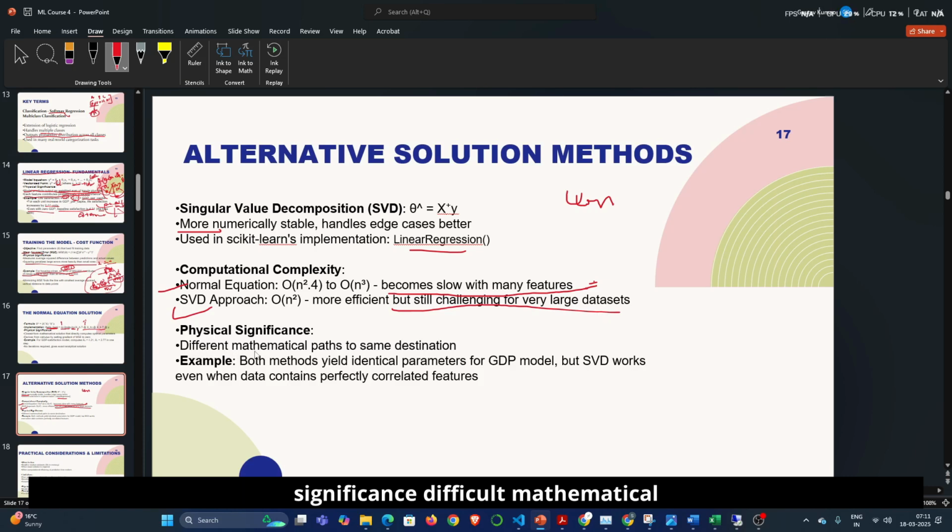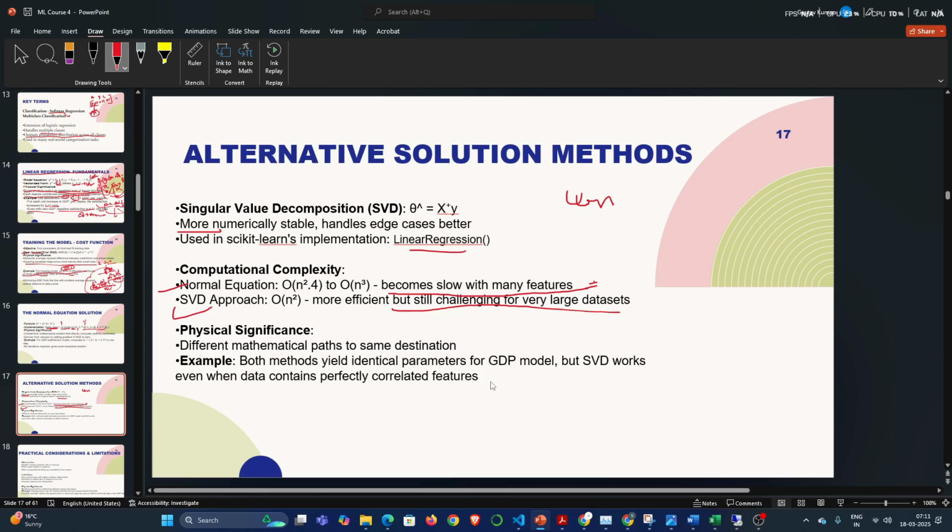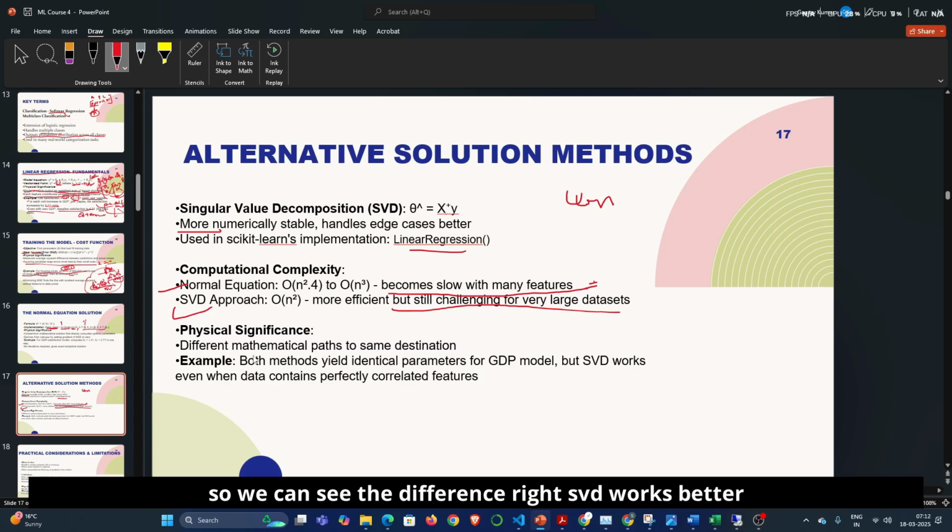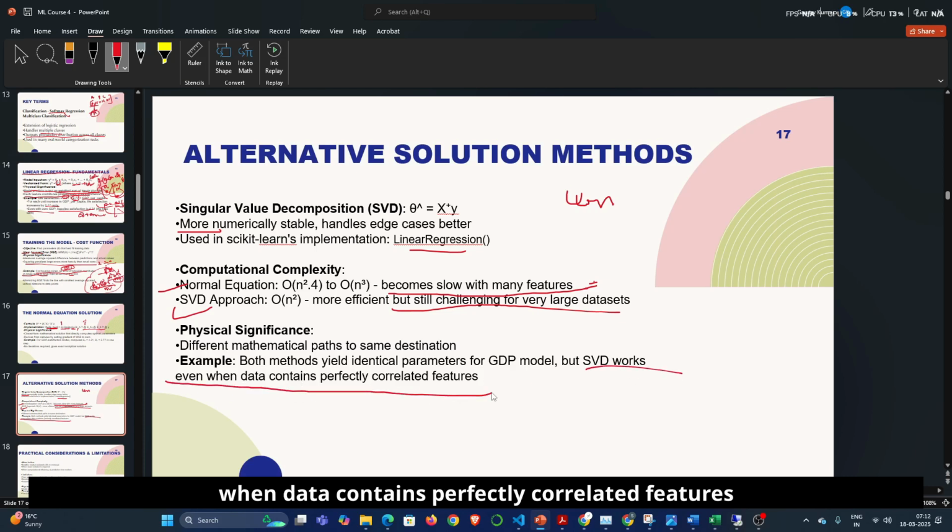Physical significance: different mathematical paths to the same destination. Example: both methods yield identical parameters for the GDP model, but SVD works even when data contains perfectly correlated features. So we can see the difference, right? SVD works better when data contains perfectly correlated features.